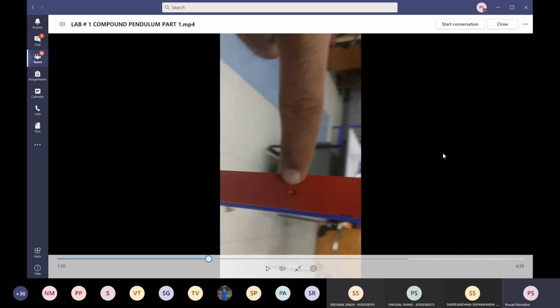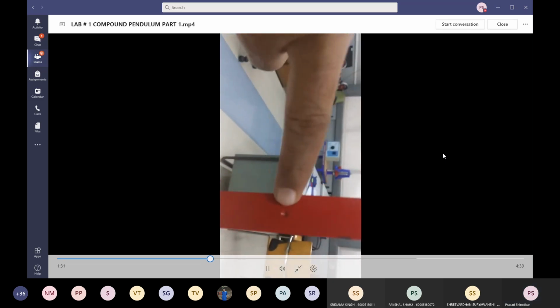This point is the centroid of the compound pendulum. That is your point G. In that OG, G is this point.